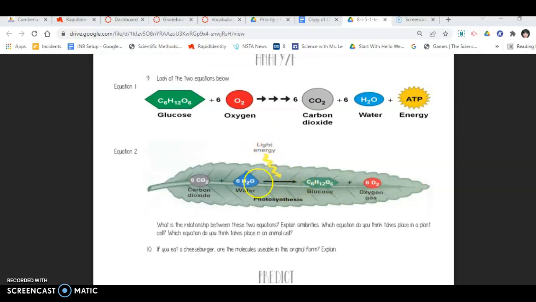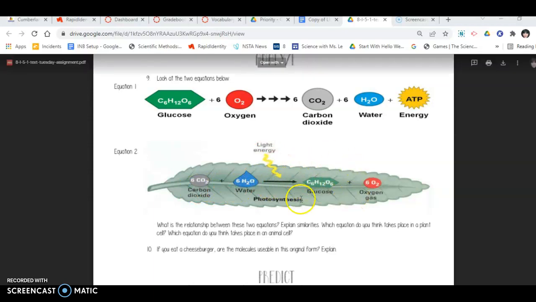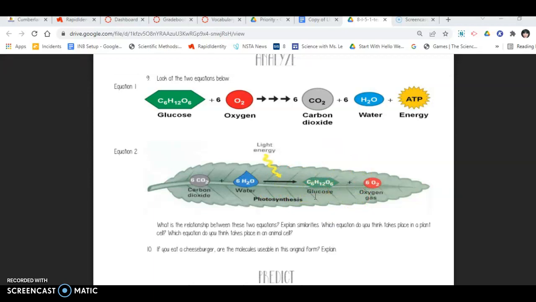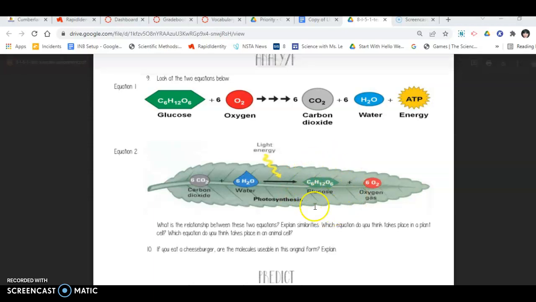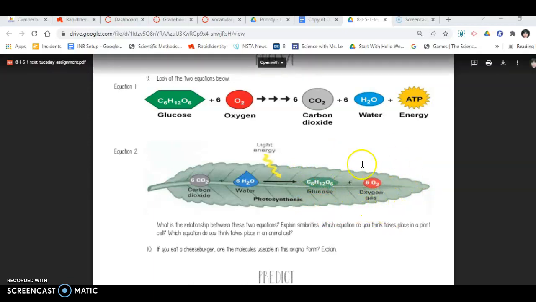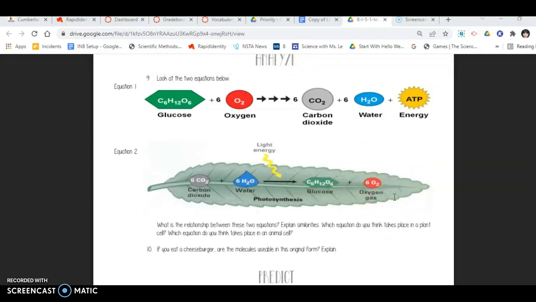So carbon dioxide with water and light energy produces, or yields, look at there, glucose, which is their food source, right? That's the whole point of photosynthesis, is they make their own food. They're autotrophs. So there's their glucose for food. Plus, look what it gives us. What do plants give us? You got it, oxygen gas.